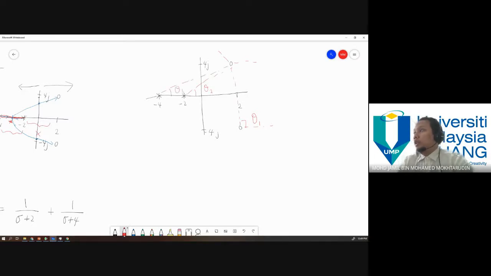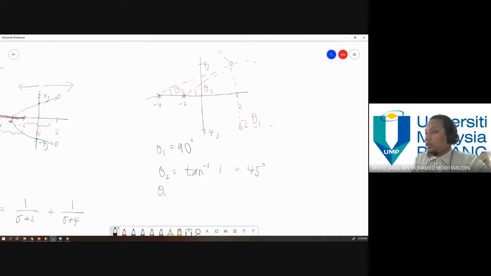Okay, so we need to find theta 1, theta 2, and theta 3. So theta 1 is 90 degrees because it's just directly below the zero that we need to find. And then theta 2, you just use tangent. So tangent inverse of 4 over 4, tangent inverse of 1, equals 45 degrees.